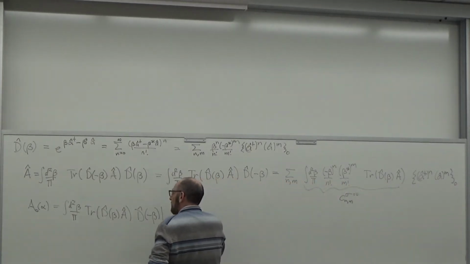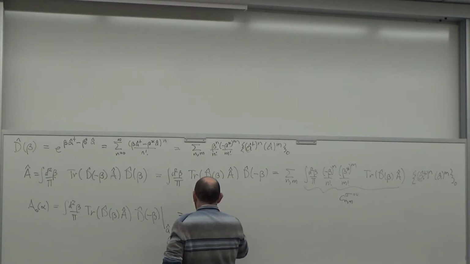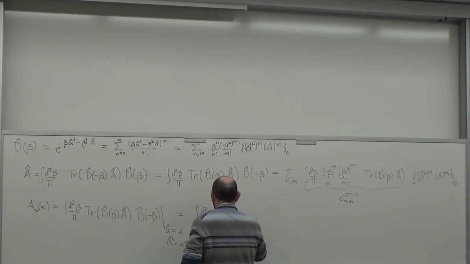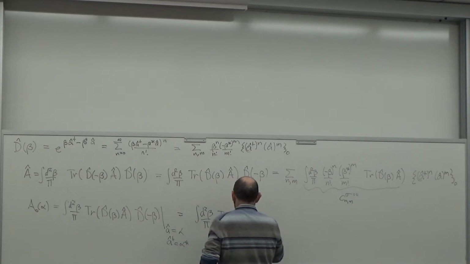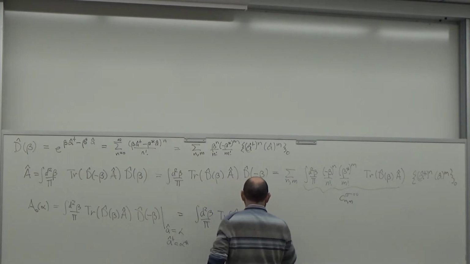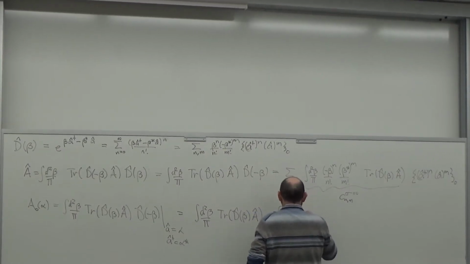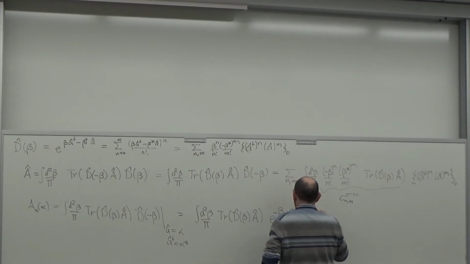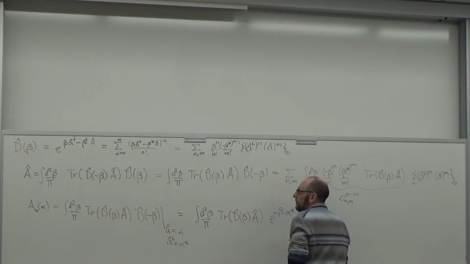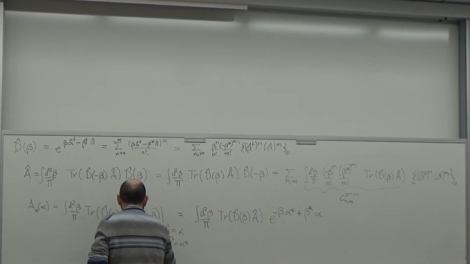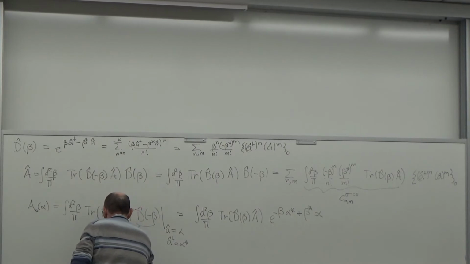So that is equal to the integral, trace, d beta, A, e to the minus beta alpha star plus beta star alpha, right? This guy is e to the minus beta A dagger plus beta star A.